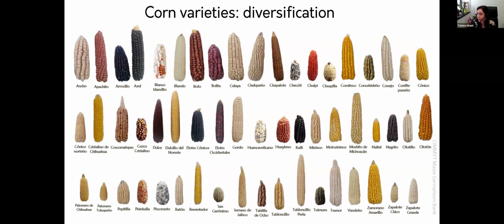We know that for future adaptation and improvement, we still need a lot of variety for adaptation to occur.